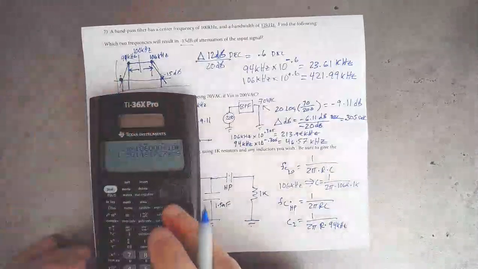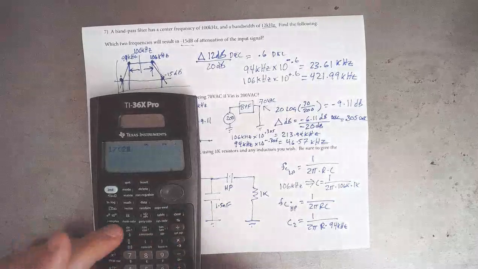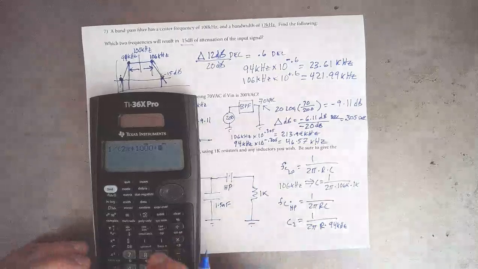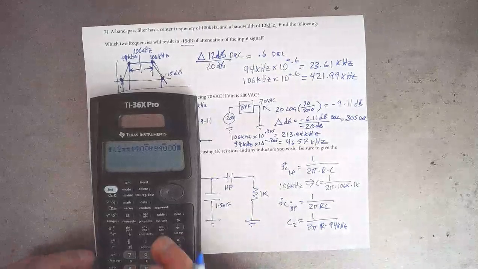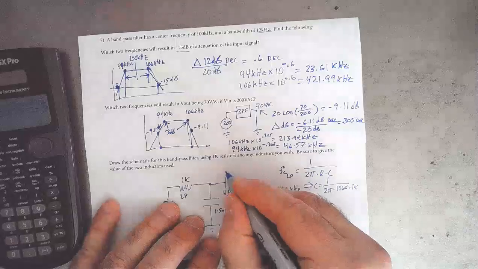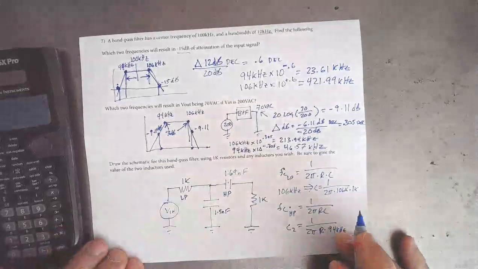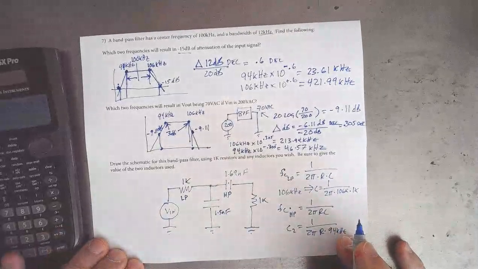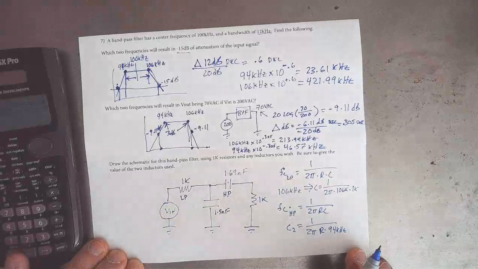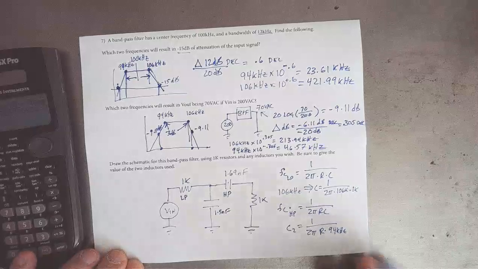Okay, let's see what we get. 1 divided by parentheses 2 pi times 1k times 94 kilohertz. That is 1.69 nanofarads. And there is the schematic for our makeshift passive bandpass filter. And that concludes this one.